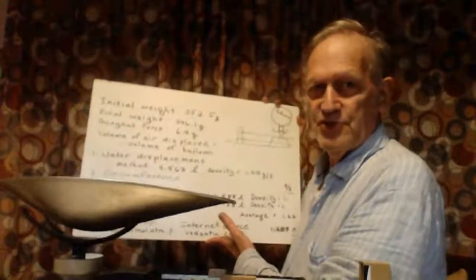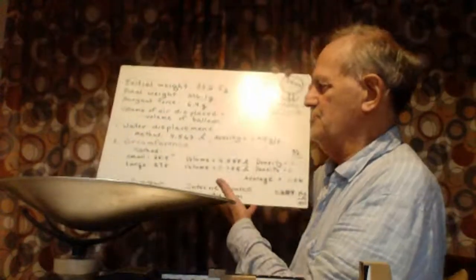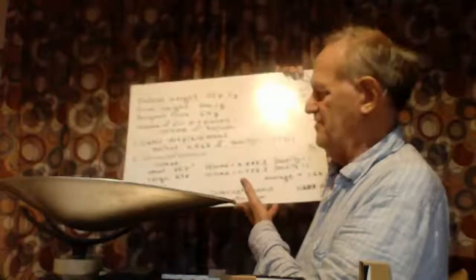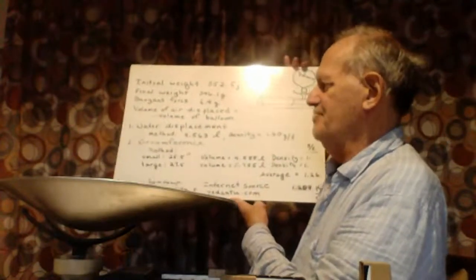At any rate, there was one other method that I used, but I had to take two measurements. We know that the balloon is not a complete sphere. The balloon is a kind of upside down tear-shaped object. So we took one circumference based on sort of the waist, the largest waist measurement of that teardrop shape.